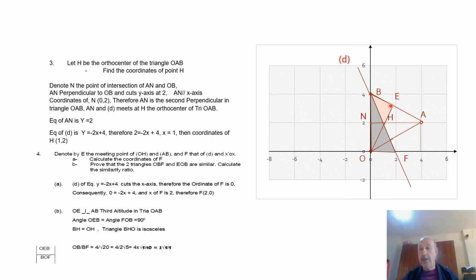Angle OEB equals 90. This is an altitude passing through H, the orthocenter of triangle OAB, and it cuts AB at 90 degrees. And similarly, angle FOB is also equal to 90.